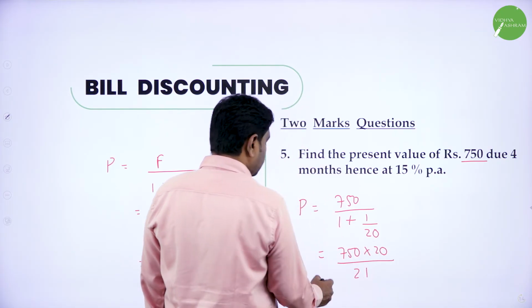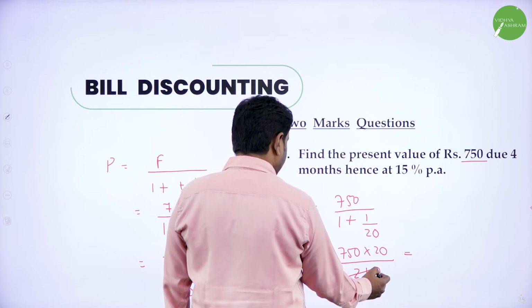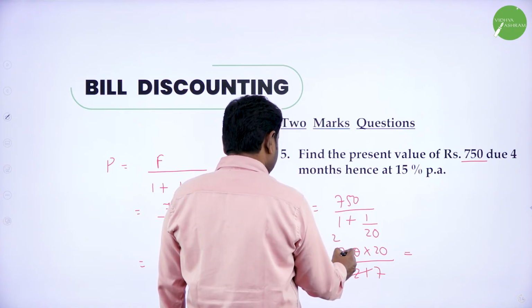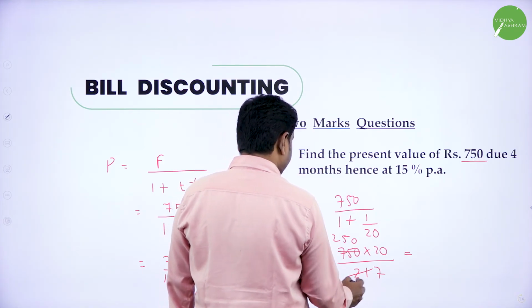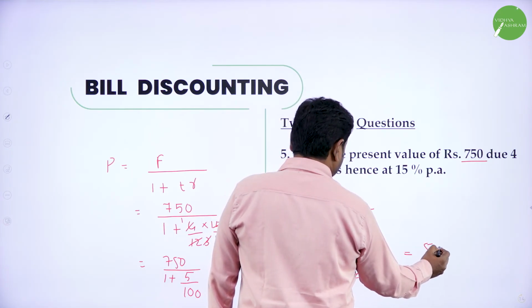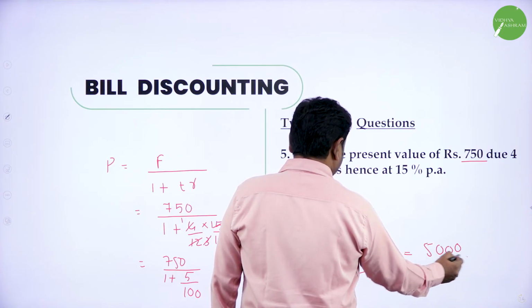Simplify this. 3 7s are 21, 3 2s are 6, 3 5s are 15, 250 into 20, 5000 divided by 7.